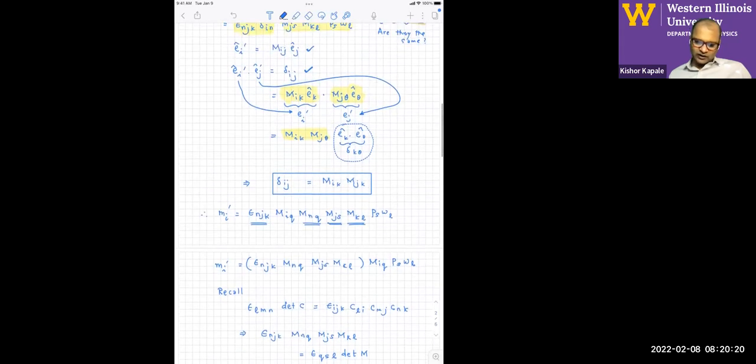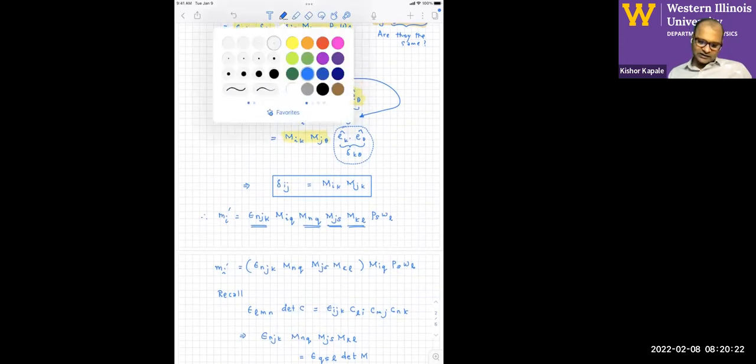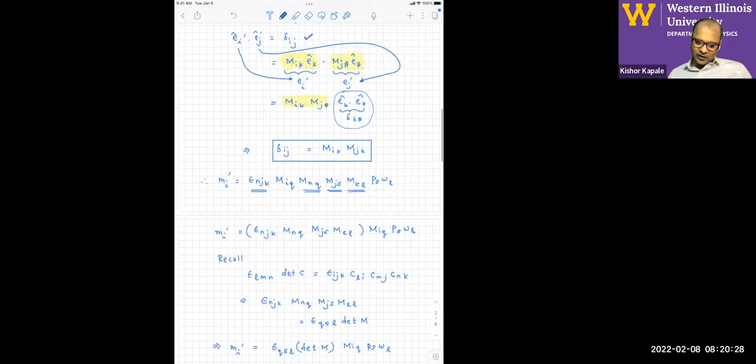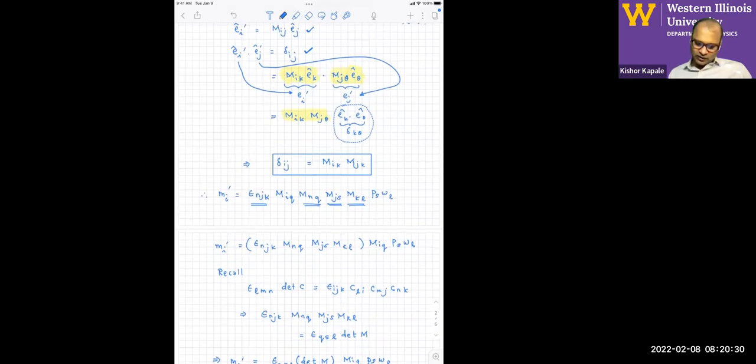So what we have proved is that the expected answer for the dot product between ei prime and ej prime is delta ij, but with the help of this, I just proved, right? So I will add a step here. You have basically Mik, Mj theta, delta k theta.